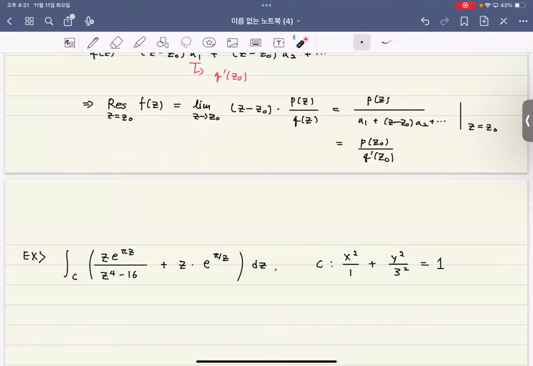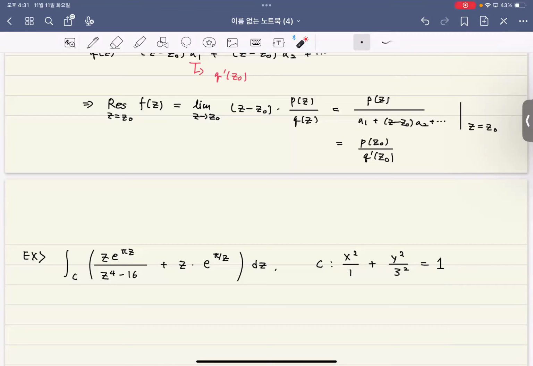Hold on. This integrand is now getting more and more interesting. If you factor the first term, I can locate 4 singularities: plus 2, minus 2, 2 times i and minus 2 times i. The order of each of these singularities should be just 1. They are all simple poles, right?